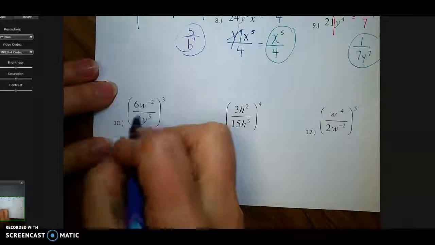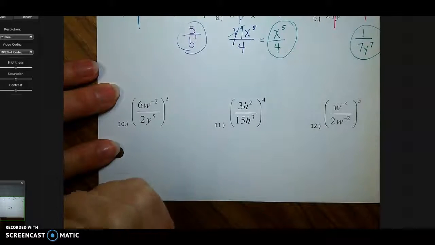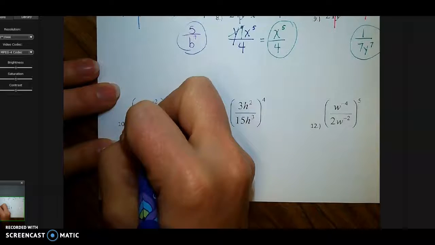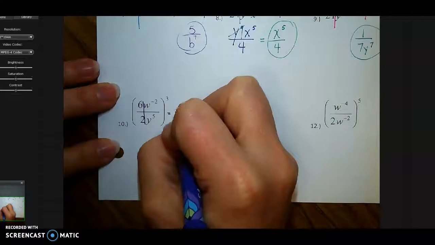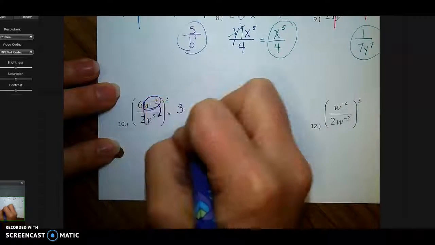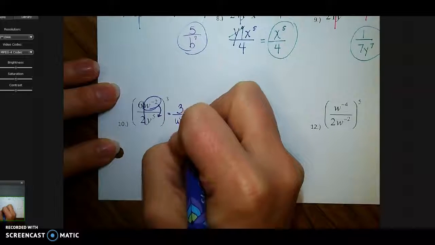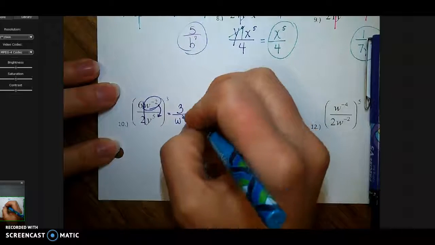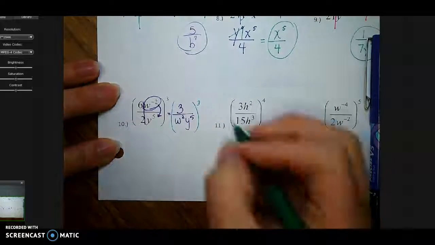Our next one here, I'm going to simplify. I'm raising this to the power, but I'm going to simplify everything inside first because parentheses come before exponents. So I can do that. I'm going to go 6 over 2, so I'm going to make that a 3. And then I'm already seeing that this is negative, so I'm just going to go ahead and move it down, in alphabetical order. And now I'm going to go back and take care of the fact that I'm raising all of that to the 3rd power.